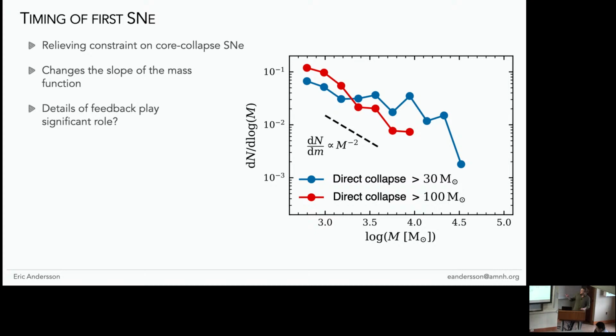And this has a similar effect to having an earlier onset of feedback. And that kind of makes sense because a star of 100 solar masses has a much shorter time on the main sequence. So basically this also becomes a lever that I can pull to change the injection timescale for my feedback. And this is something that is quite interesting and something that people should probably be taking into account when they make these sorts of assumptions for these models.